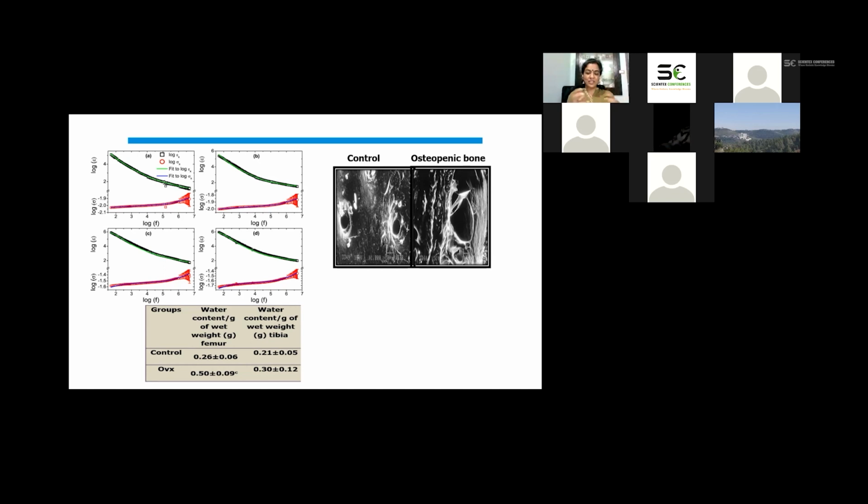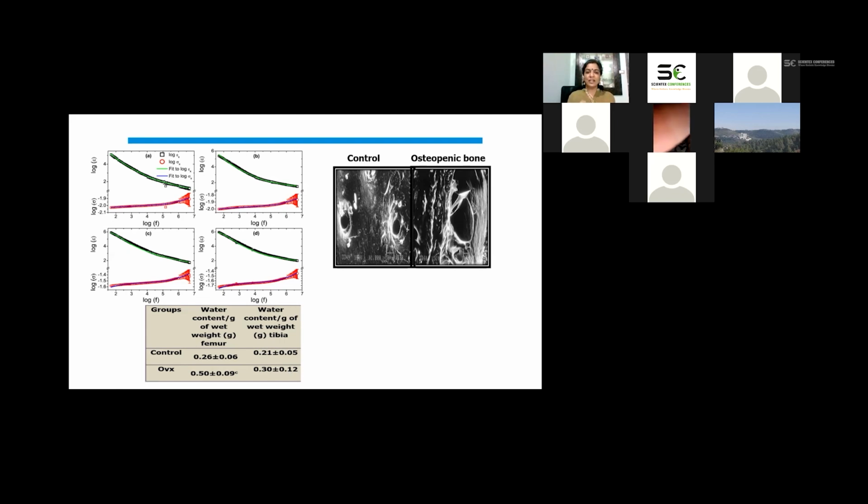So we can corroborate that the Haversian canal has increased. To accommodate the volume, the water has gone inside. We checked it by thermogravimetric analysis, and we found that water content increases in the case of osteopenic bone.